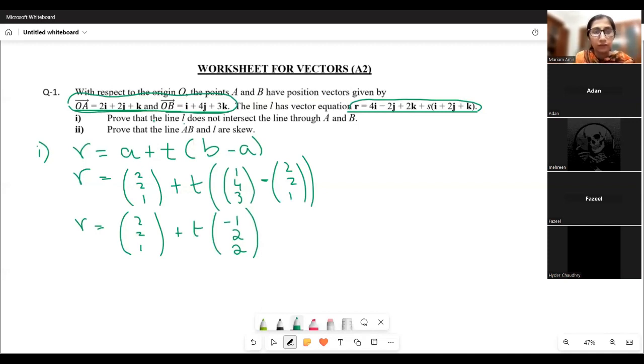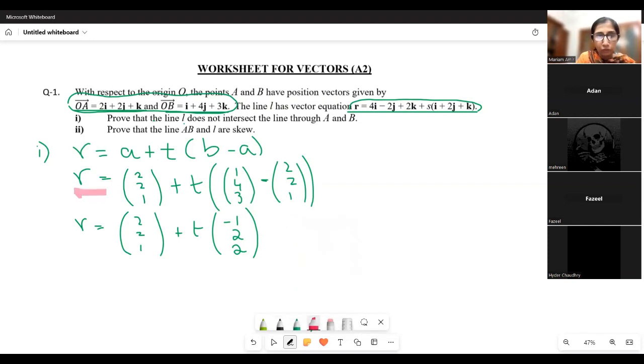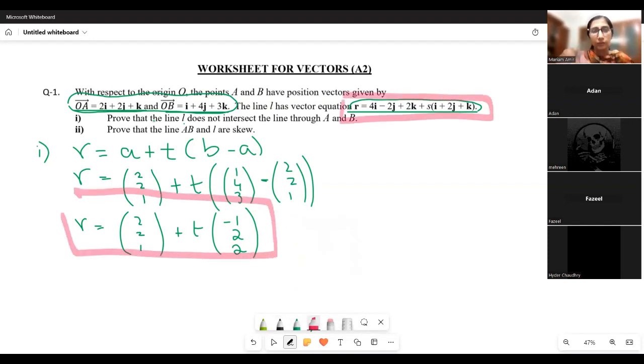So this is the equation of the line passing through A and B. Now you have to show that these two lines do not intersect. Let me quickly check where we are so far. This looks good so far.